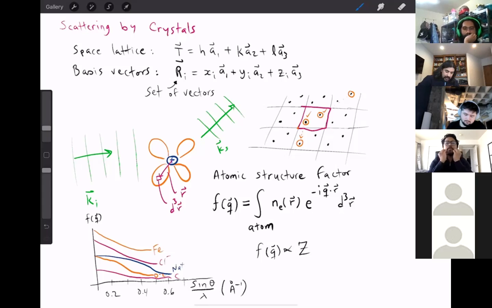And the other thing is that when Q goes to 0, f of Q approaches the value of Z. So you see here, carbon and oxygen are close to each other, but there's a difference in the number of protons inside carbon and oxygen.